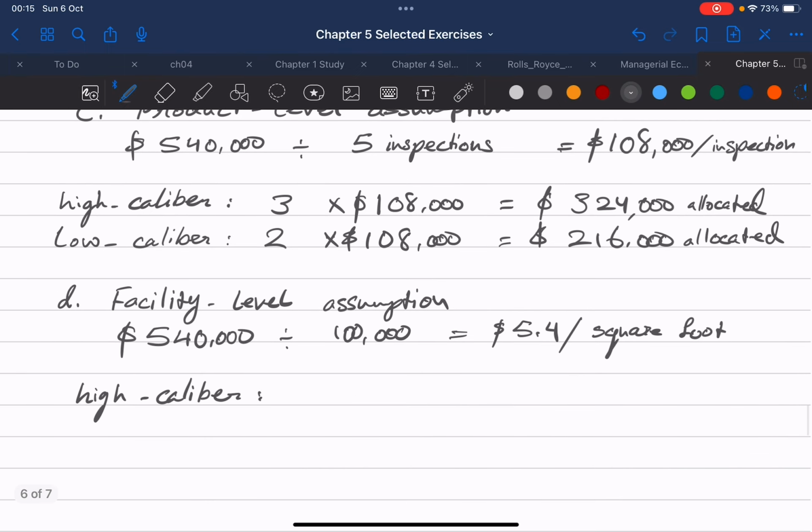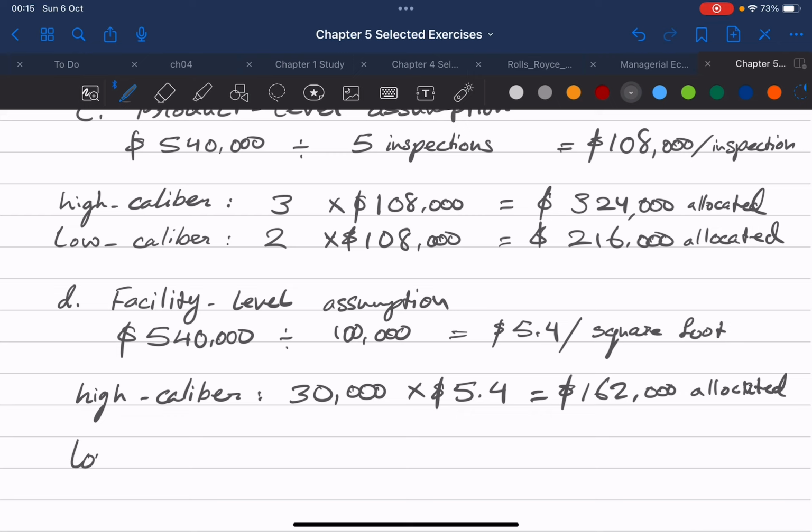So we're going to say 30,000 square feet multiplied by $5.4. That gives us 162,000 allocated costs.